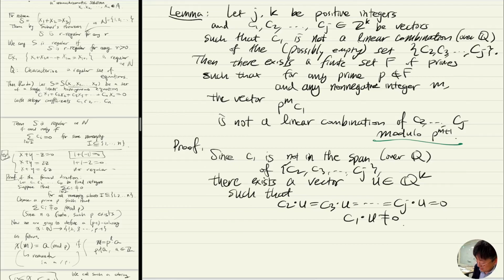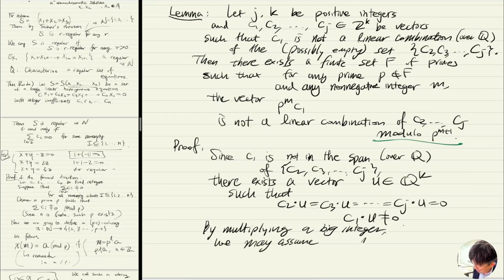By multiplying by a big integer, we may assume u is an integer vector.